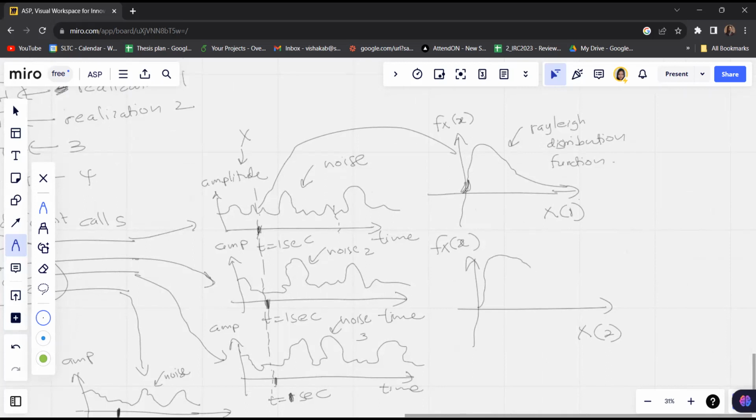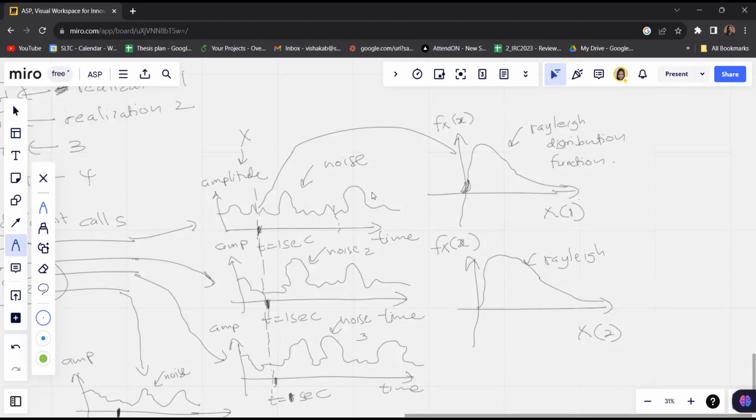That is the standard distribution function we use in wireless communications to model the amplitude variation of a signal. The amplitude of the signal in a wireless communication is denoted to vary according to the Rayleigh distribution function in most cases, although it could be other distribution functions as well.